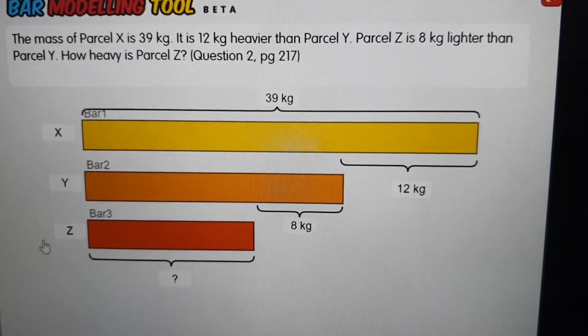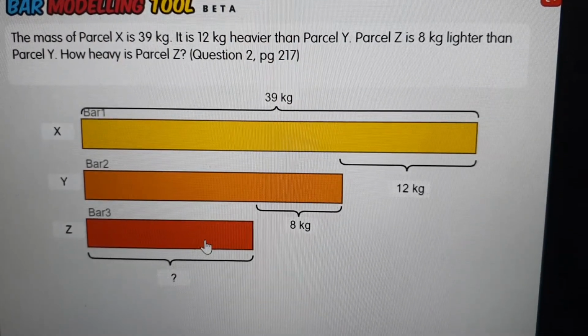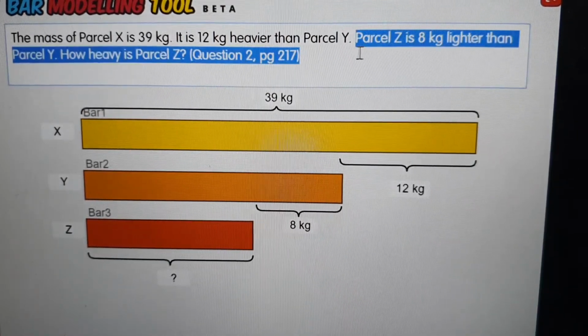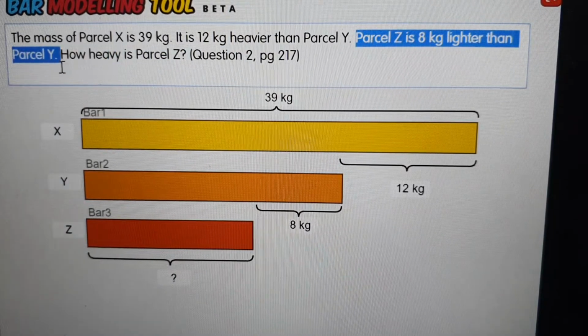So, in order to find the mass of parcel Z, what must you know first? You should be able to tell me that if you know that parcel Z is 8 kilograms lighter than parcel Y, then as long as you know the mass of parcel Y, you will be able to find the mass of parcel Z. Okay?